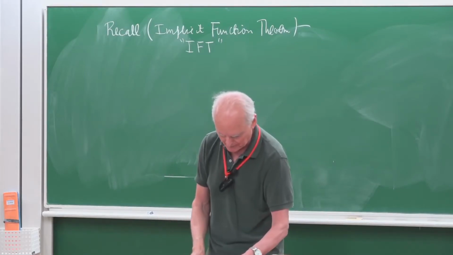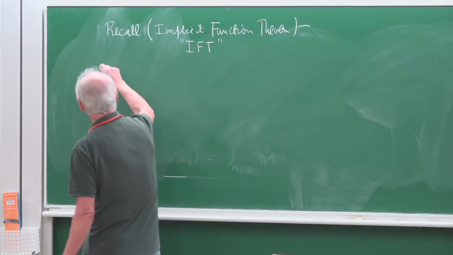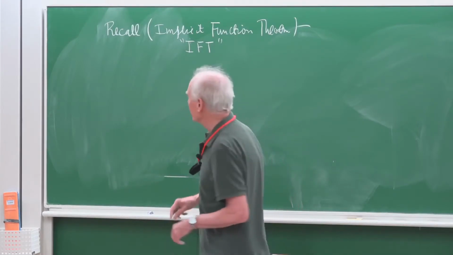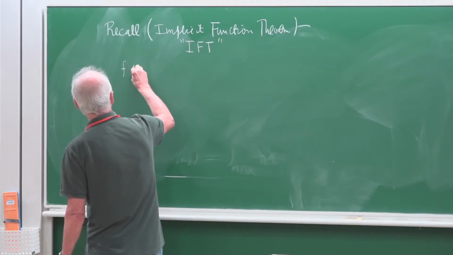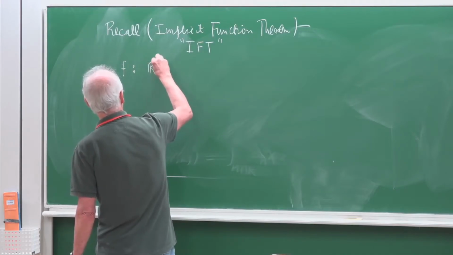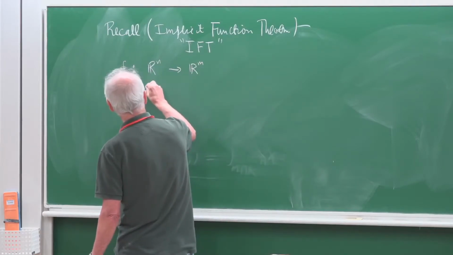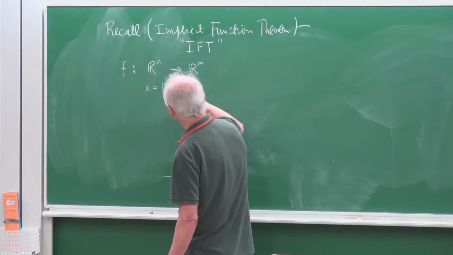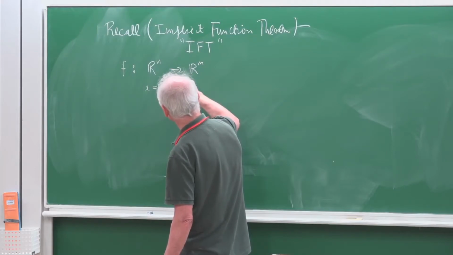You suppose that you've got, so we're in R^n, and we've got a mapping F going from R^n into R^m. Here we have coordinates x in R^n, and we're going to split them up into their first k coordinates, which we call xi, and the last m coordinates, which we call z.